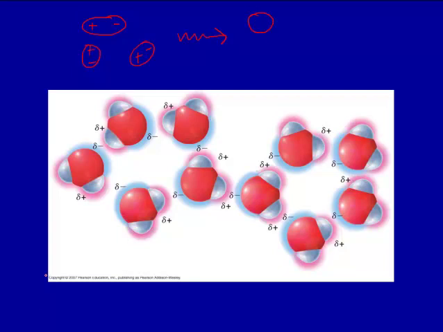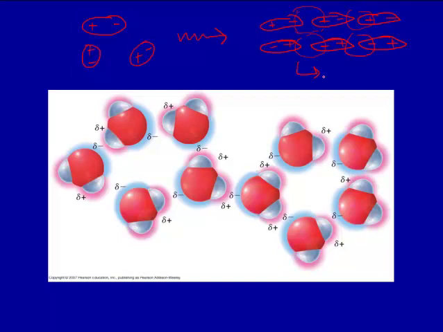You can have positive, negative, positive, negative, and you can go on and on. So now those partially charged regions start to interact. Those interactions provide the intermolecular forces that hold molecules together.